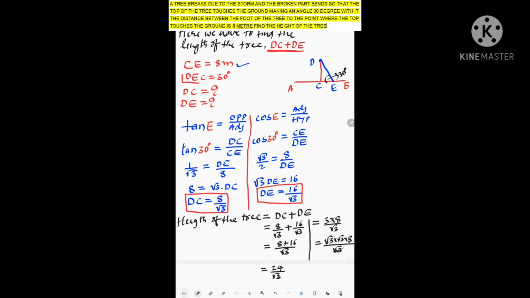Root 3 gets cancelled. Therefore, the total height of the tree is 8 root 3.